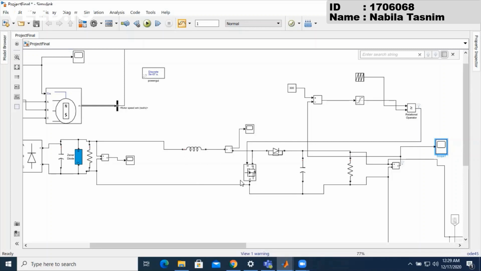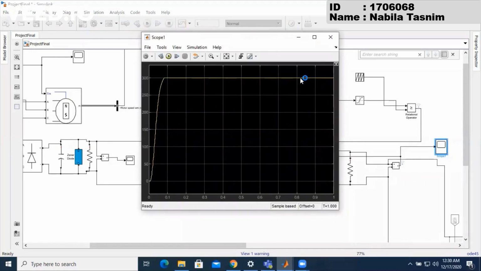The switch is opened all of a sudden, and due to the abrupt change in the current of the inductor, there is an induction of voltage in the inductor which is added with the source. Then the diode is again forward biased and the capacitor is being charged again. So the voltage of the capacitor has become greater than the source voltage. Here, the output for our project is 300 volt.